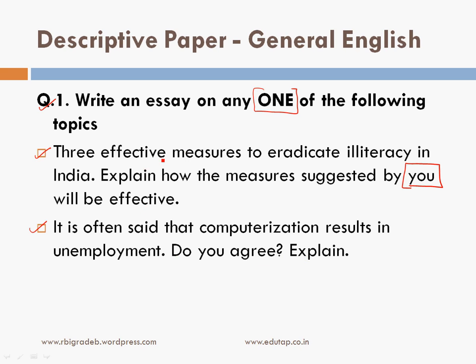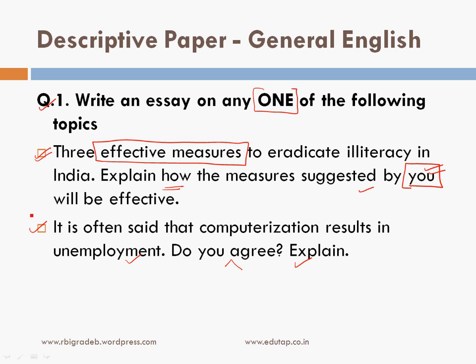In the first topic you have to write down effective measures which you think will be good to eradicate illiteracy in India, and then explain how these measures can be effective. You have to suggest measures from your own side. In the second topic, you have to give your opinion on whether computerization results in unemployment. You can agree, you may disagree, and you have to then explain.